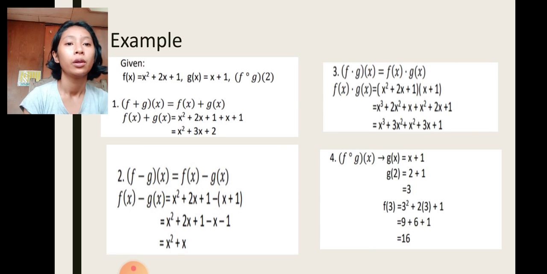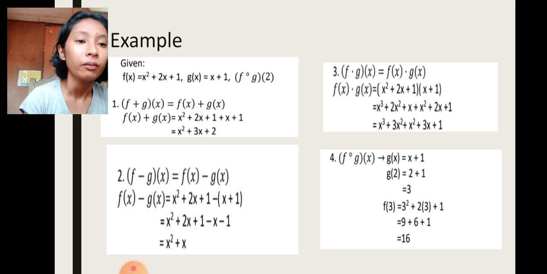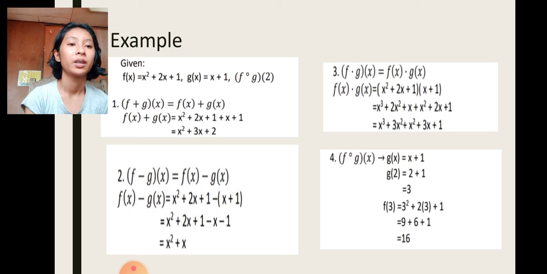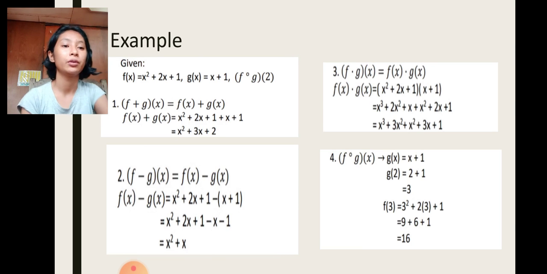Then f composed with g, the composition of functions, is f of 3, because the value of g of 2 gives us the answer of 3. So our value of x in this equation is 3. So 3 squared plus 2 times 3 plus 1, so 9 plus 6 plus 1 is equal to 16. So f composed with g of 2 is equal to 16.